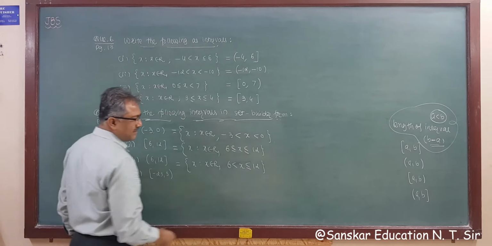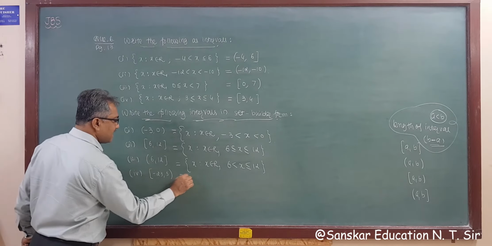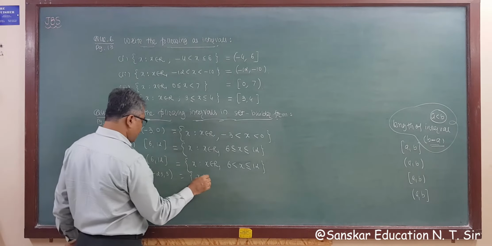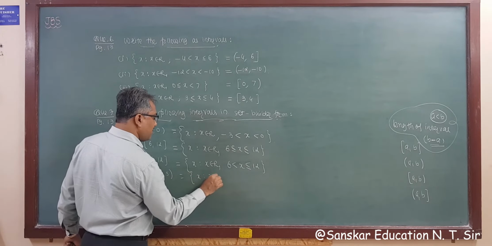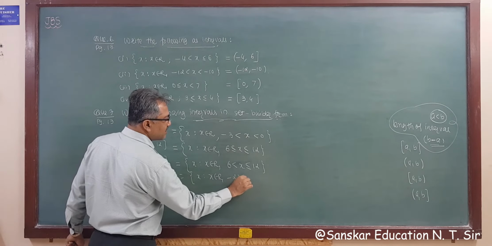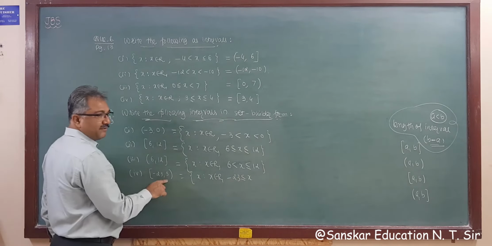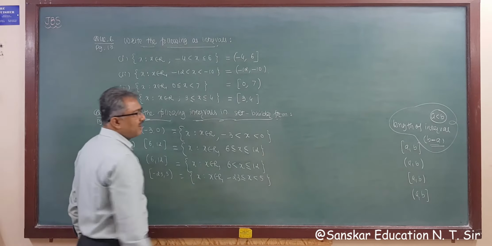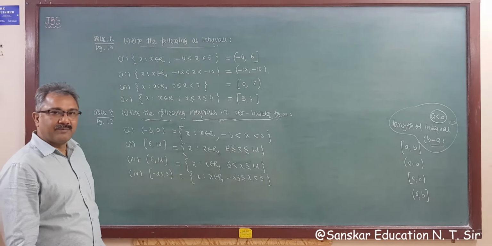This is your answer. And then this: minus 23 is included, so x belongs to R, minus 23 less or equal to x, and 5 is excluded, so less than 5. So these are the representations in set builder form.